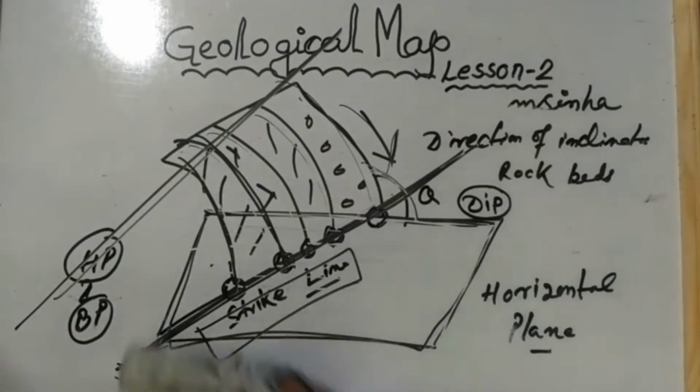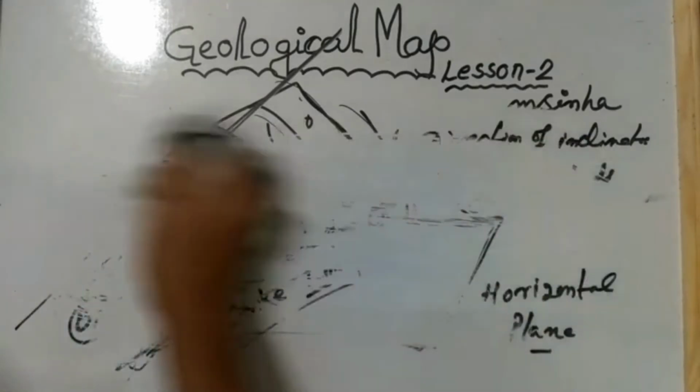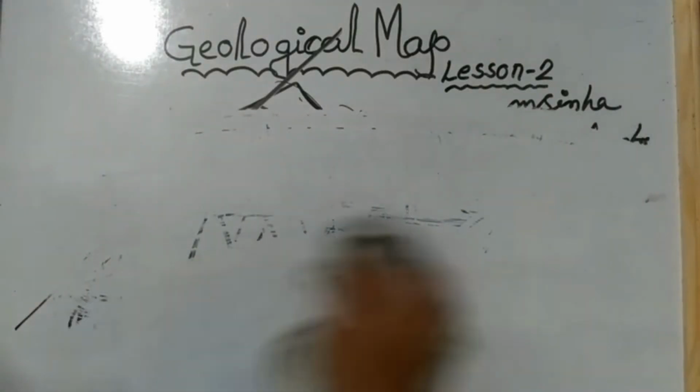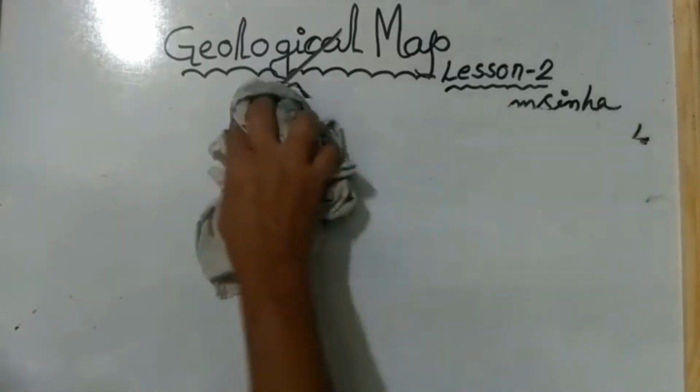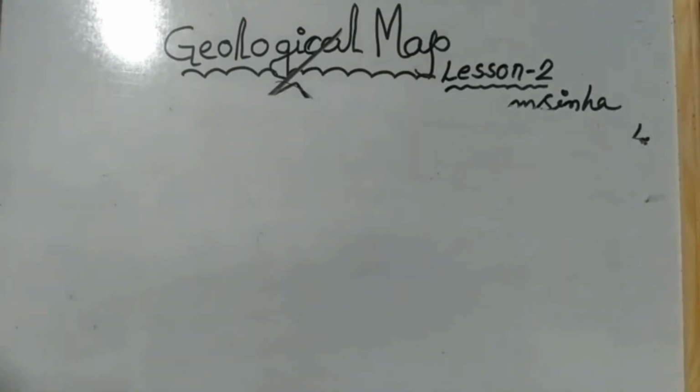What is strike? Strike is the direction of a line. I think you are now clear enough regarding the concept of dip and strike.